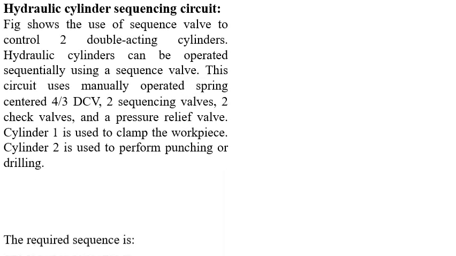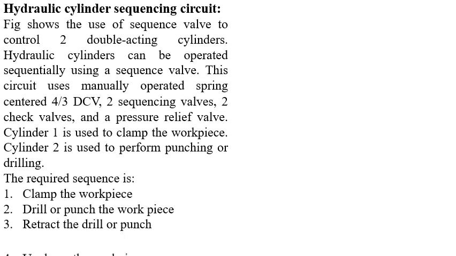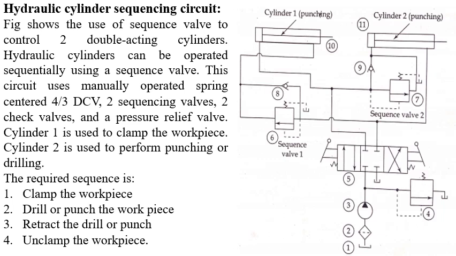Next is the hydraulic cylinder with sequencing circuit. Look at the circuit here. In this circuit, parts 1, 2, 3, 4, 5 are common parts, and 10 and 11 are also common parts from the previous cases.